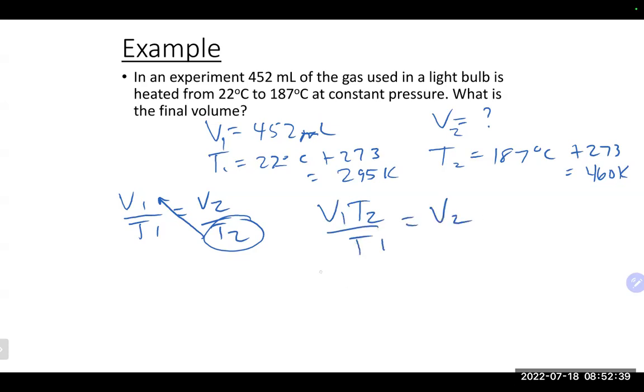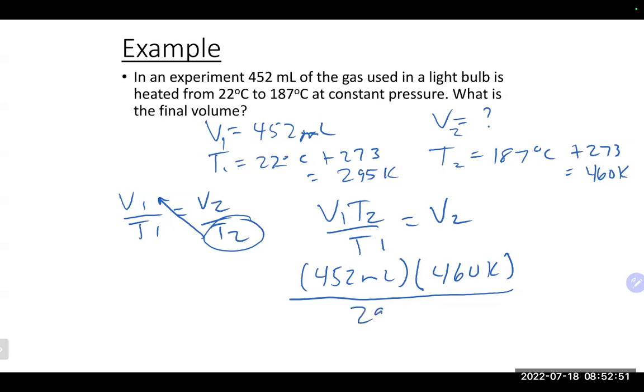Putting in our numbers correctly here would get us 452 milliliters times our T2, which would be 460, up on top, and the Kelvins here will cancel, and we'll end up with 705 milliliters in this case.